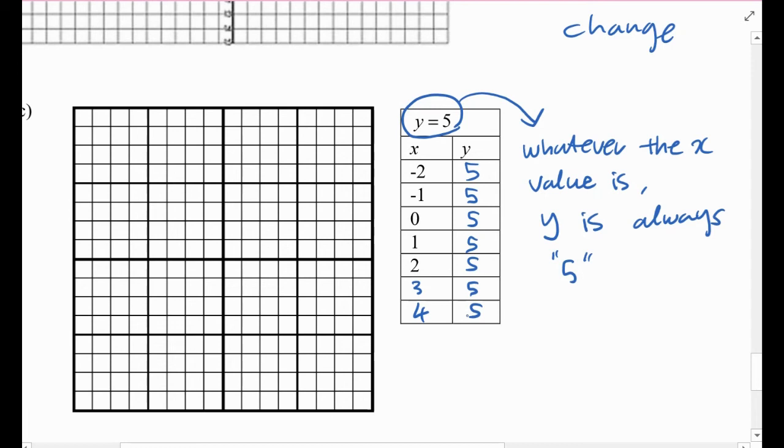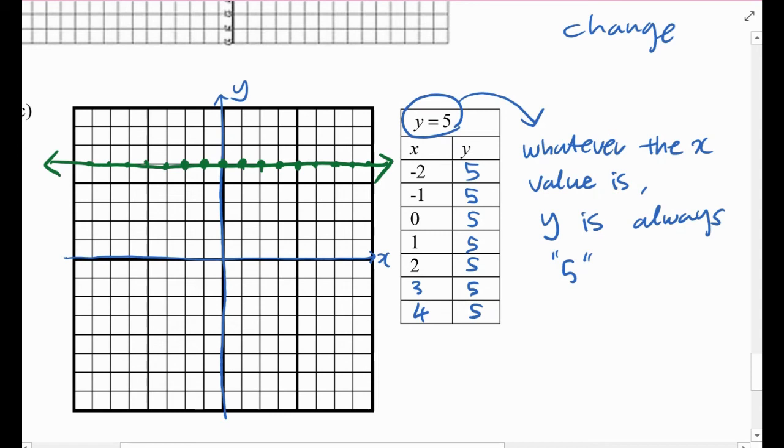Okay, let's plot it. Here, x-axis, y-axis. Okay, negative 2 comma 5, negative 1 comma 5, 0 comma 5, 1 comma 5, 2 comma 5, 3 comma 5, 4 comma 5, goes on and on and on. And we're going to join the points and put arrows in both directions.